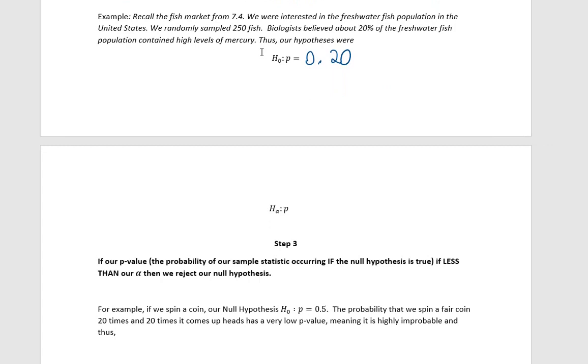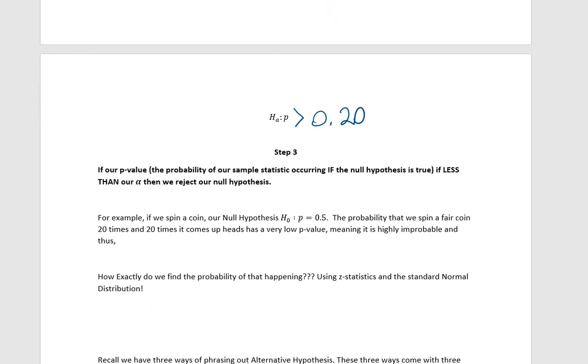Let's see what our alternative hypothesis was. Let's say that we think the population has increased in high levels of mercury due to pollution or something, then we would say that p was greater than 0.20.